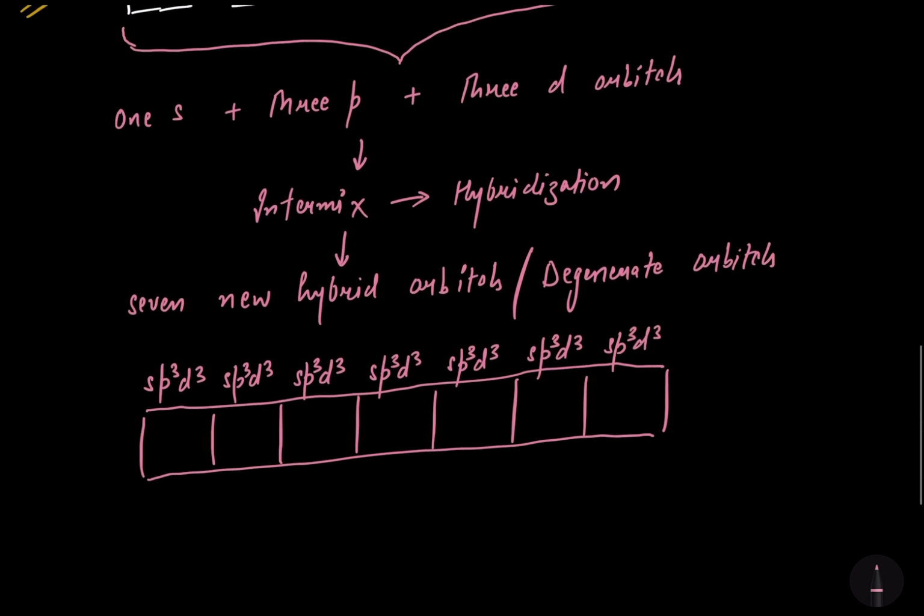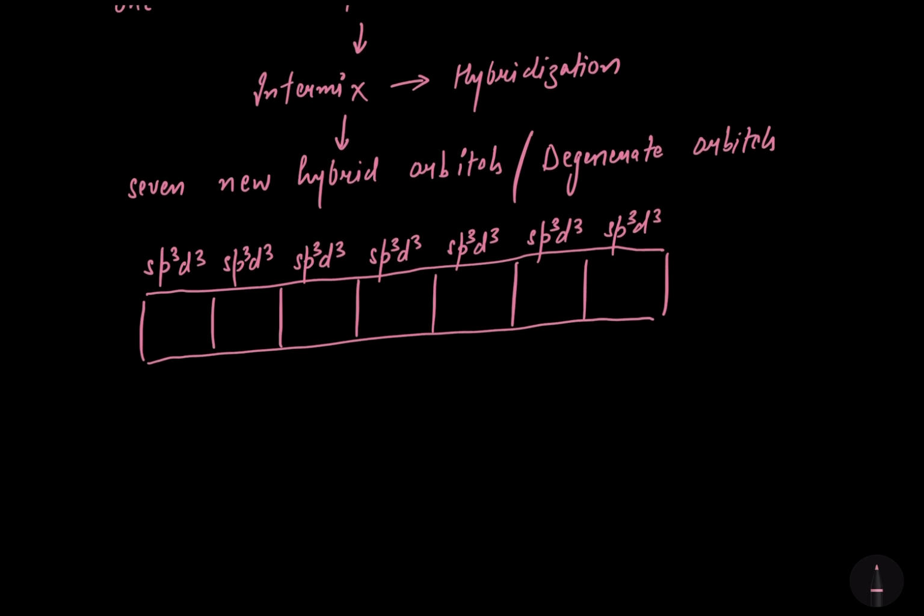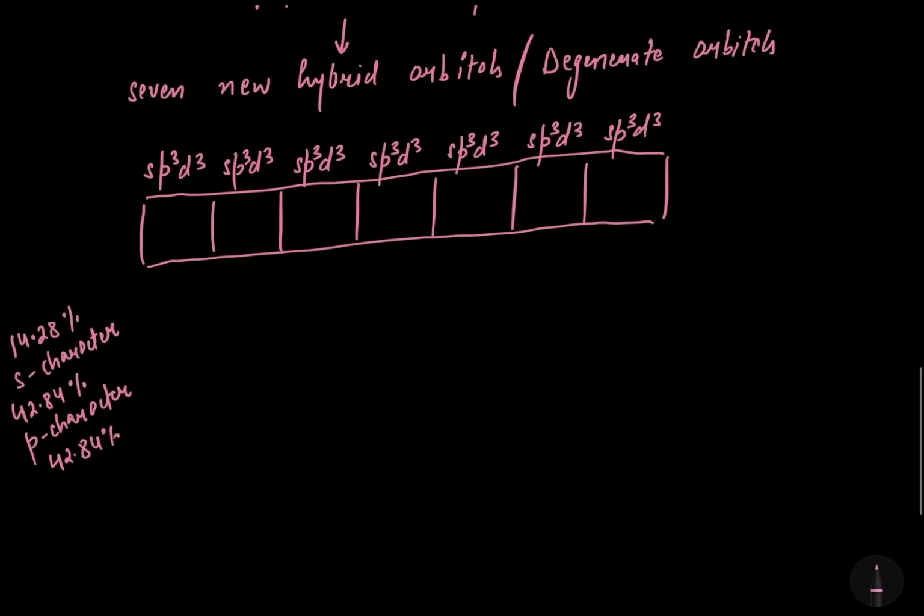Now, we are having 14.28% S character, 42.84% P character, and 42.84% D character per hybrid orbital.